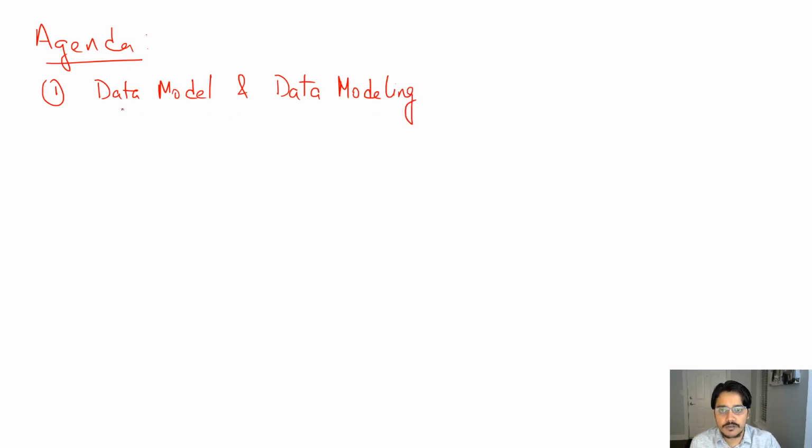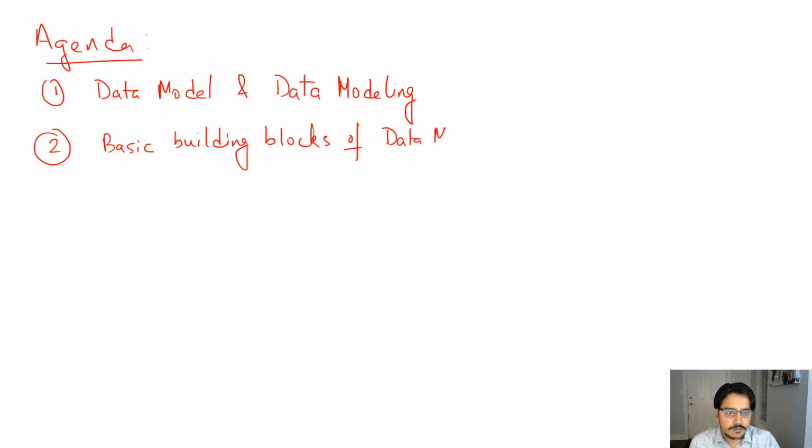We will talk about what this process is and why it is important with respect to the overall process of database design. Then we will look at some of the basic building blocks of data models.